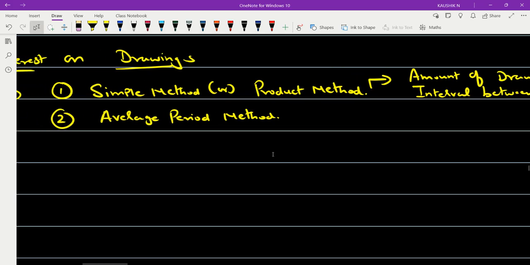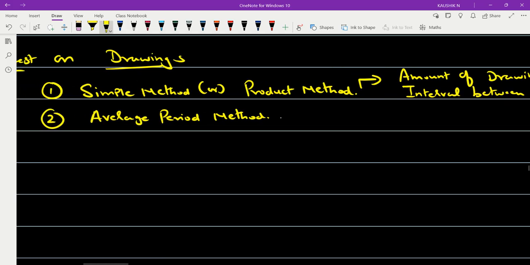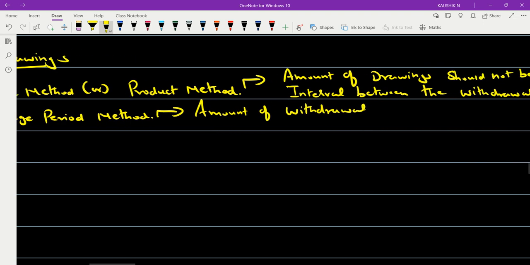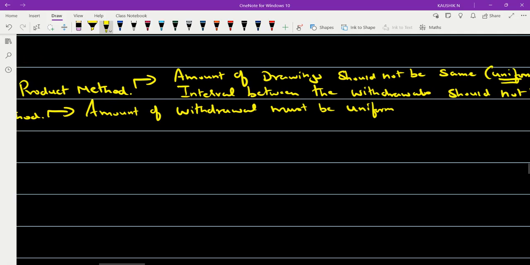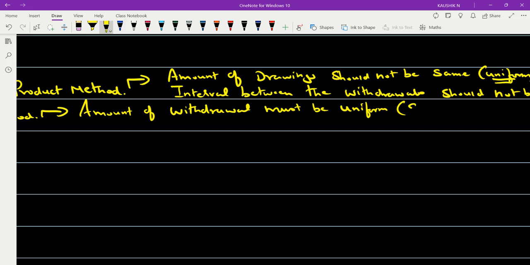Now comes the average period method. Quite opposite to that. Amount of withdrawal must be uniform. This is nothing but the same amount, or otherwise you say it as a fixed amount.